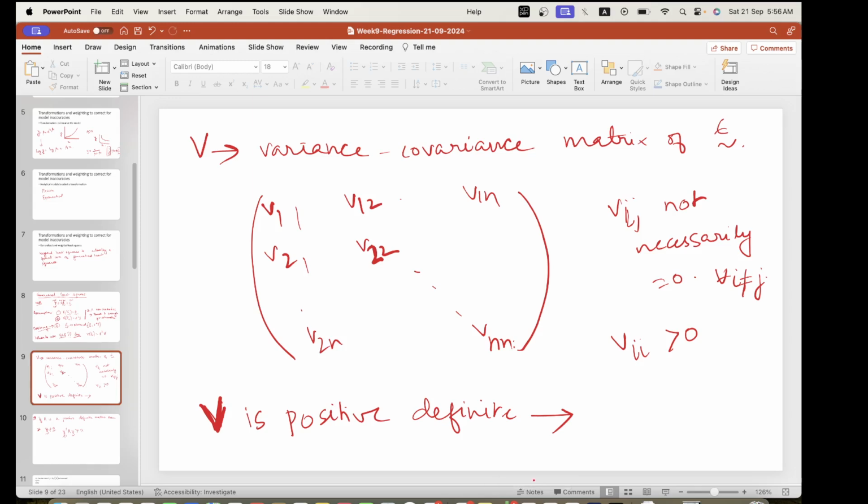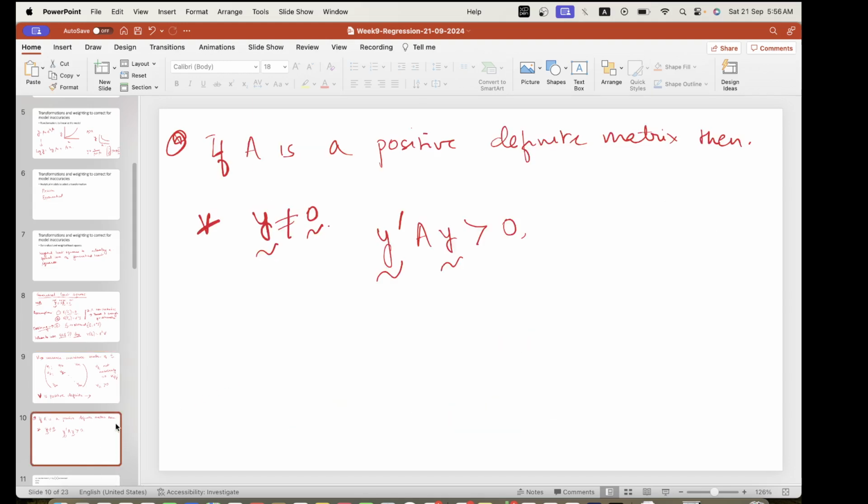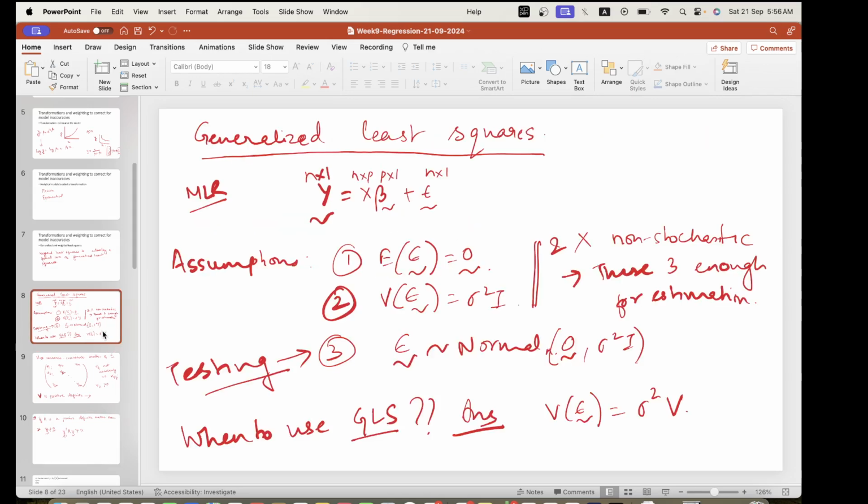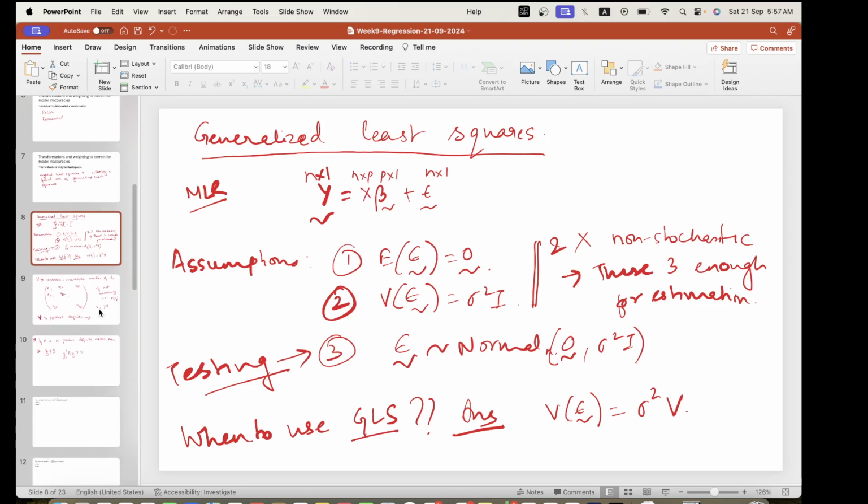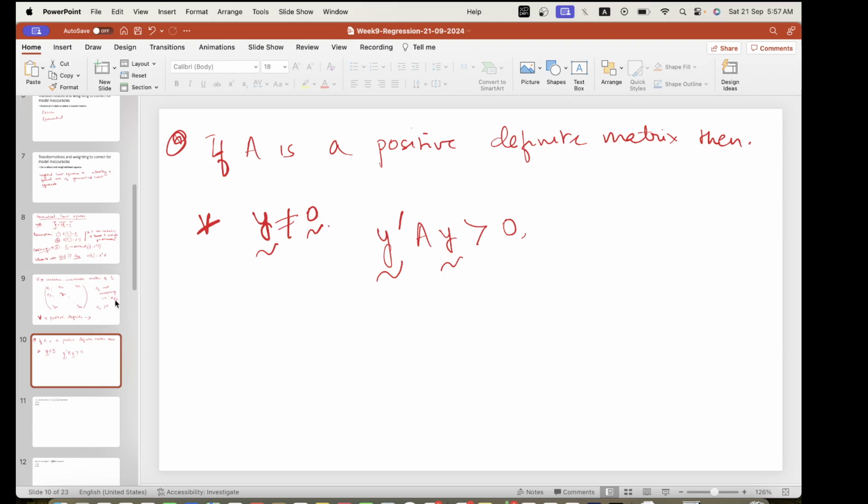So given that, how do we formulate GLS? So this is the definition of a positive definite matrix.